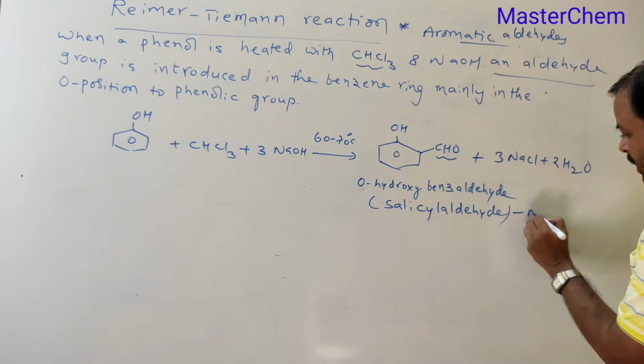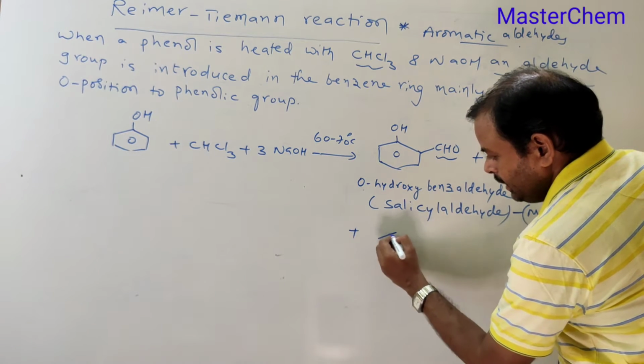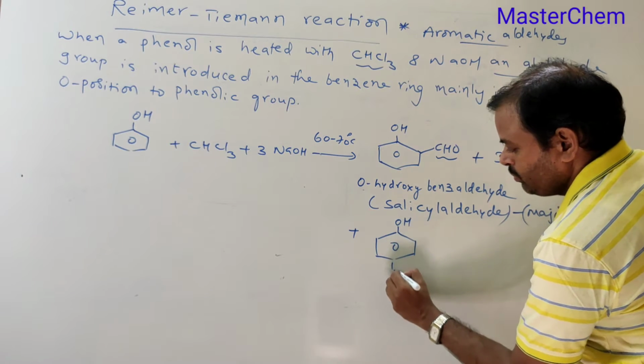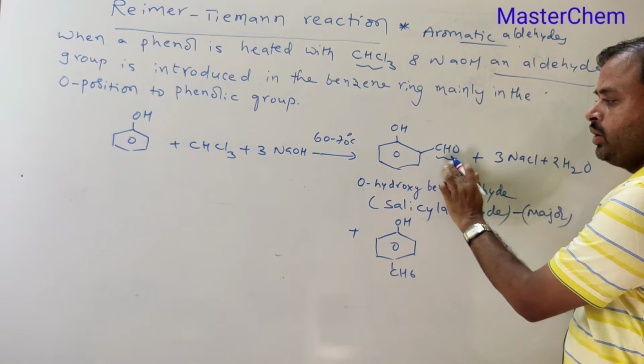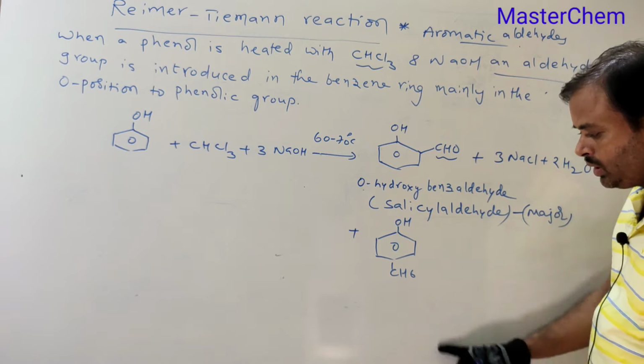So this is the major product. Along with the ortho product, a little amount of para product is also formed. If the aldehyde group is introduced at the ortho position, it is called ortho-hydroxybenzaldehyde.